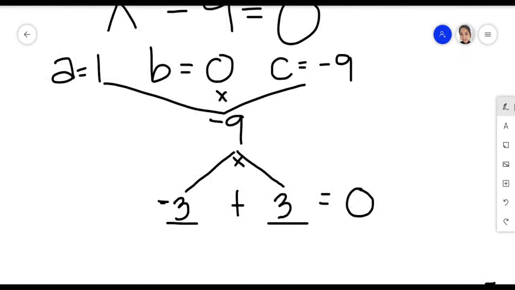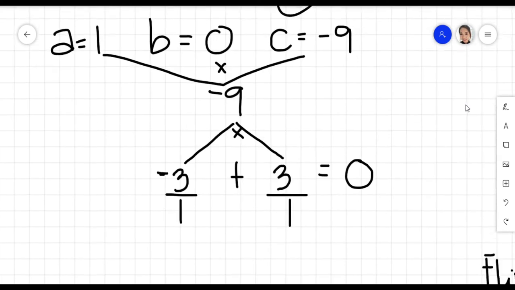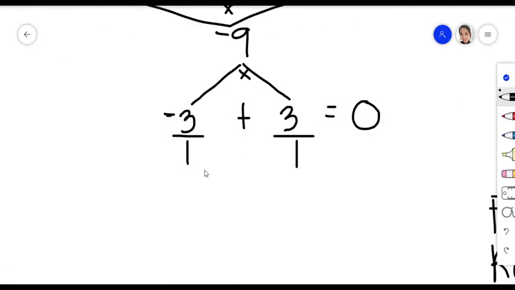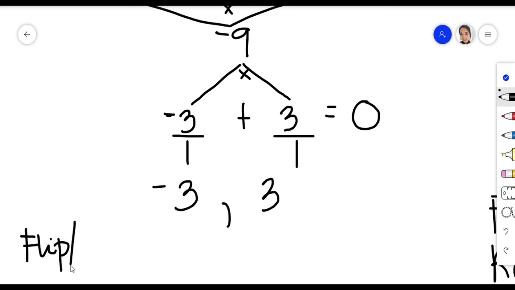So let's continue. Now, we have to divide the two numbers by our a. Our a is still 1, so divide by 1. So that is negative 3 and positive 3. Next, we have to flip or change their signs.